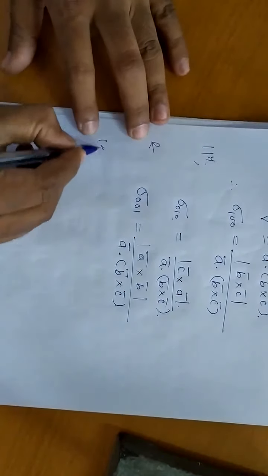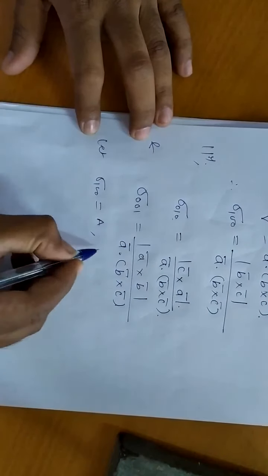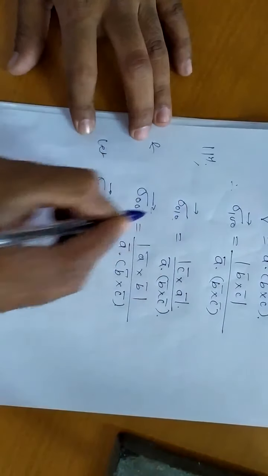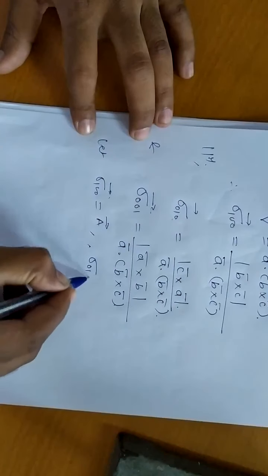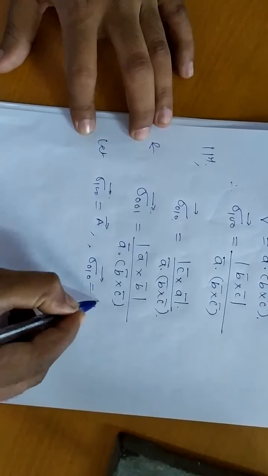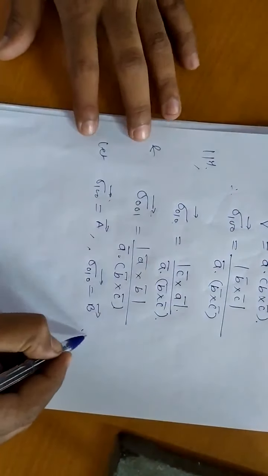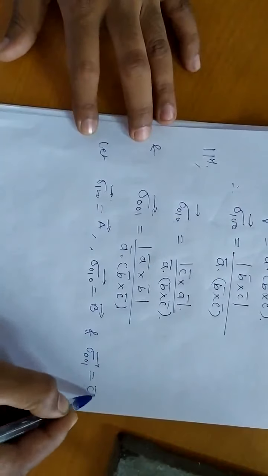Now suppose sigma_100 equal to A vector, these are obviously vectors, sigma_010 equal to B vector, and sigma_001 equal to C vector.